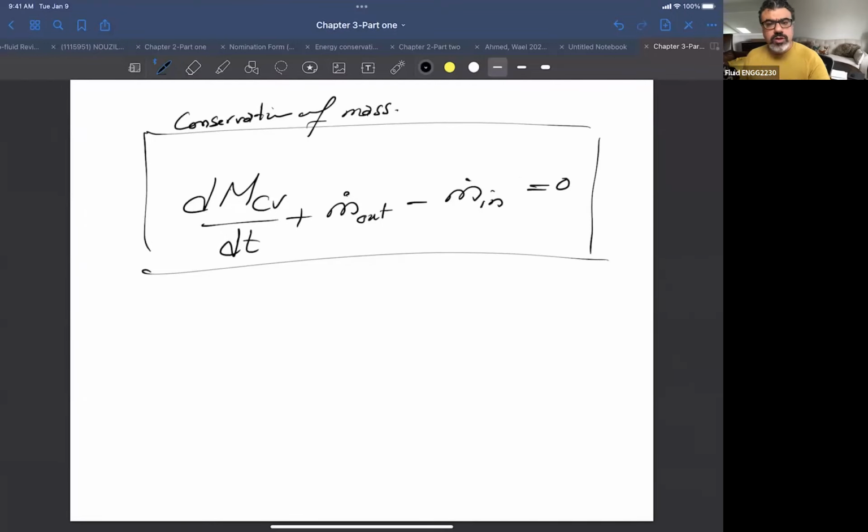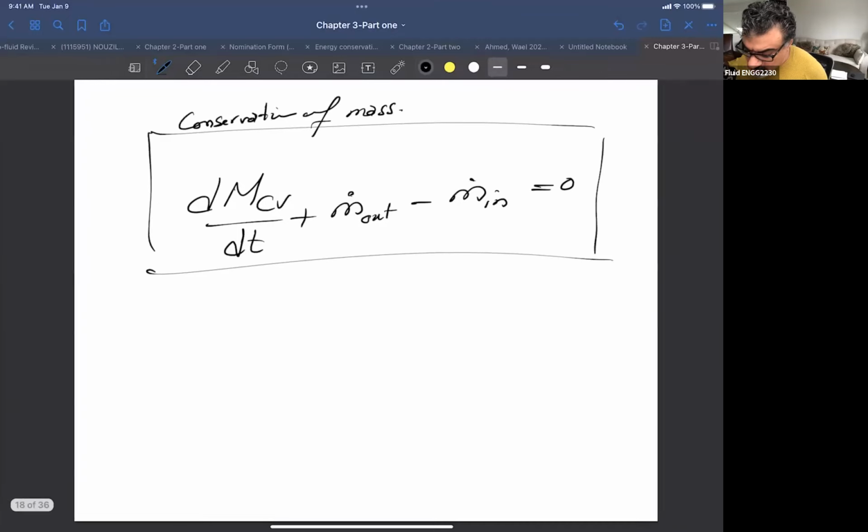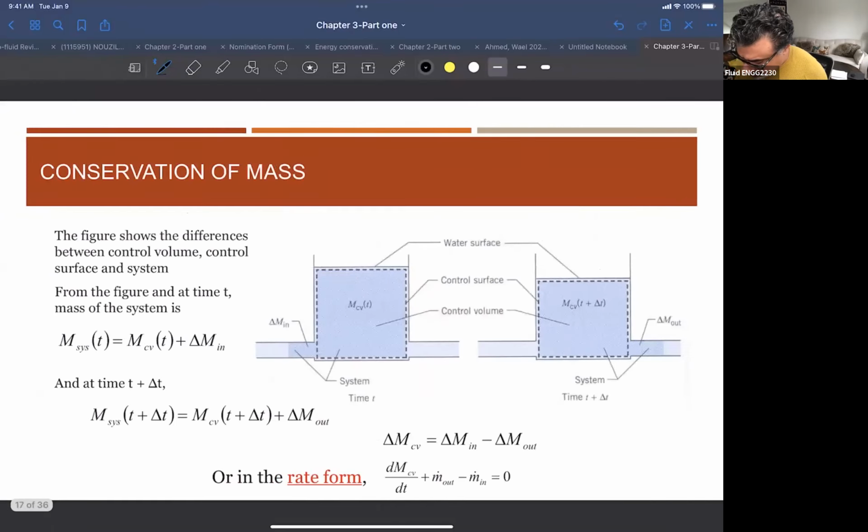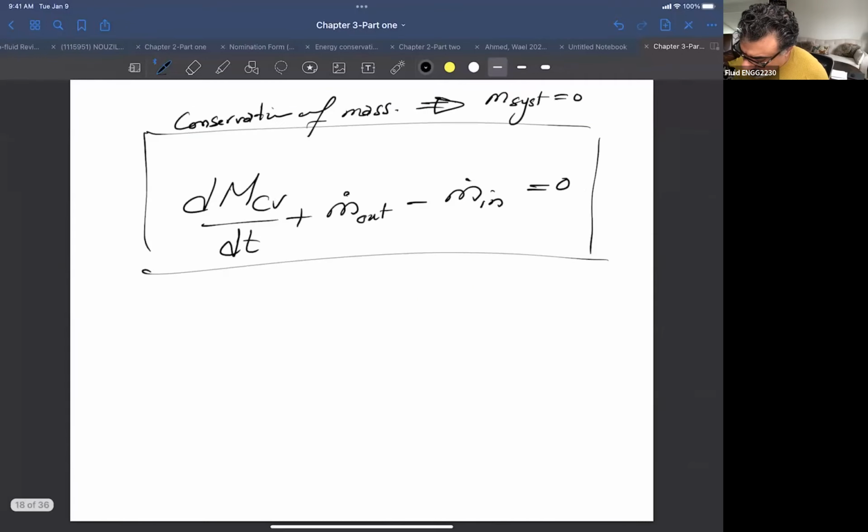Looking at the control volume, what is going out and what is going in gives a total equal to 0, based on conservation of mass. Conservation of mass here means the change of the mass of the system is 0.